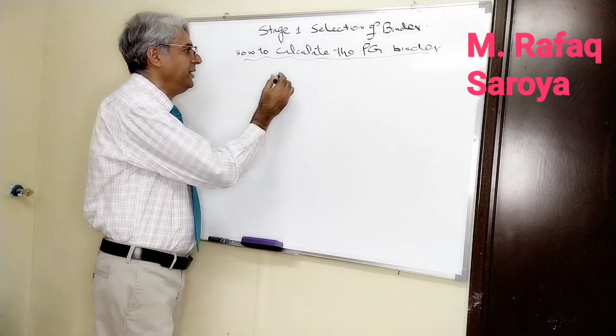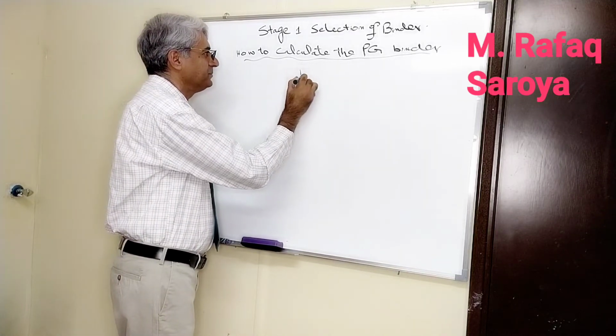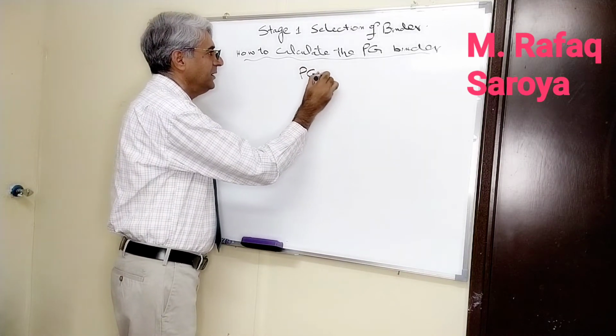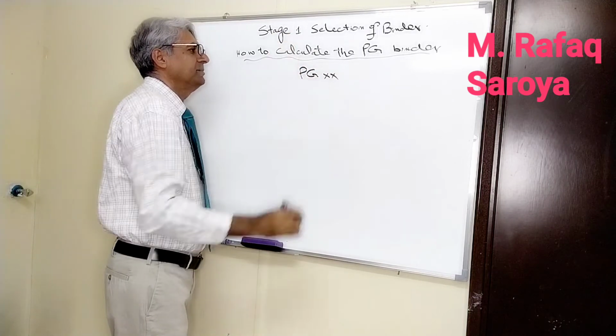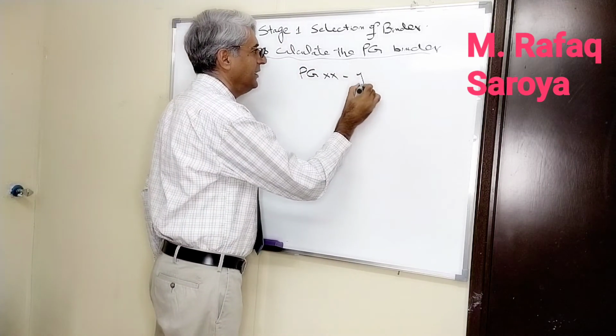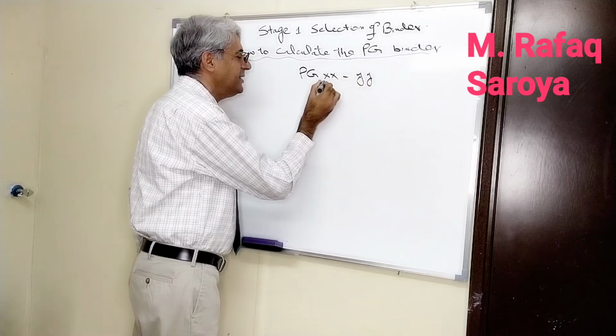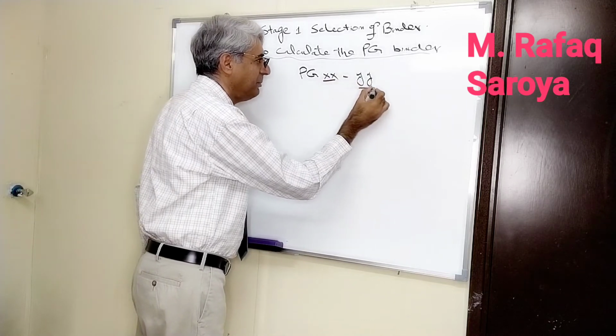So keep one thing in mind, this PG grade depends upon XX negative of YY. XX is the maximum pavement temperature and YY is the minimum pavement temperature.